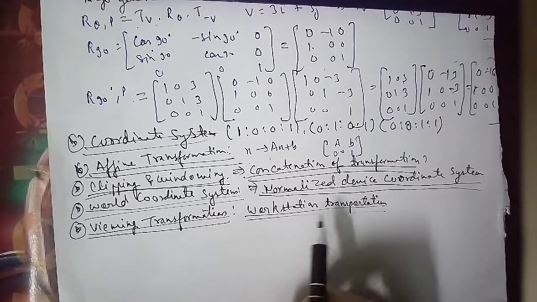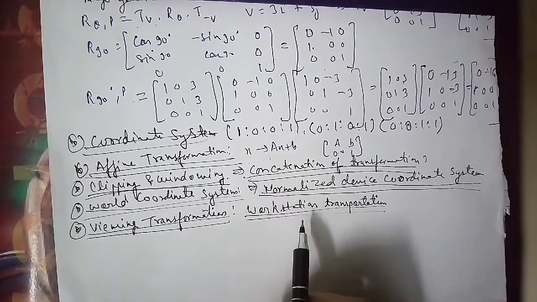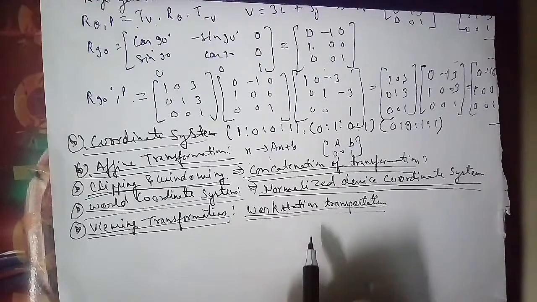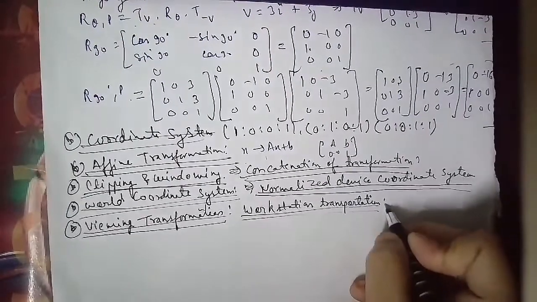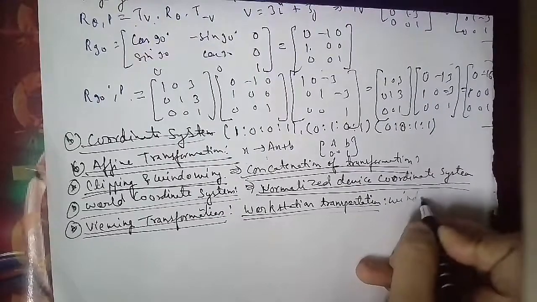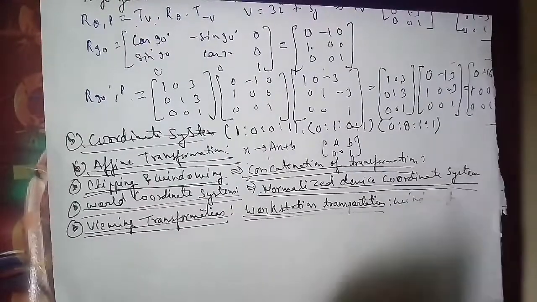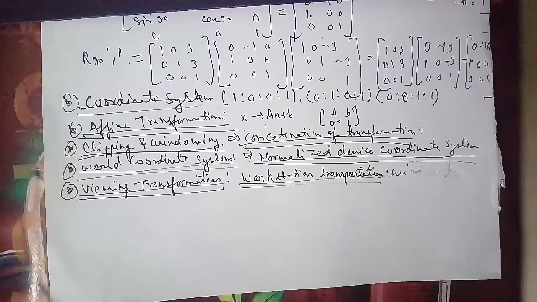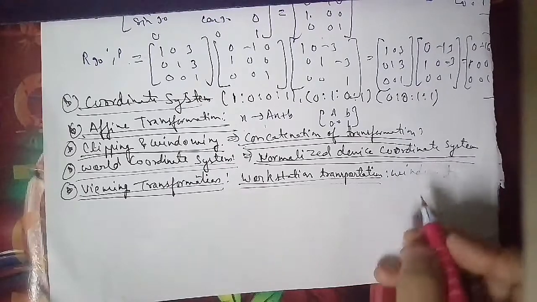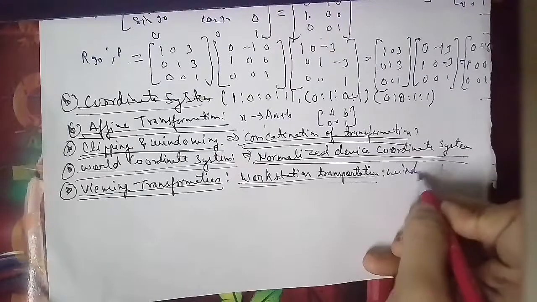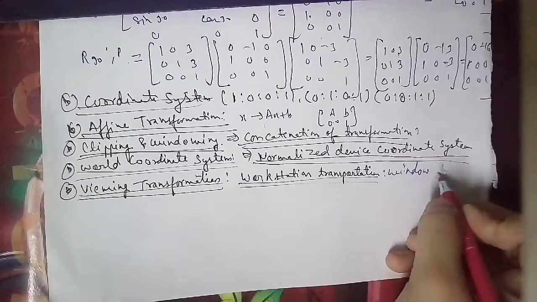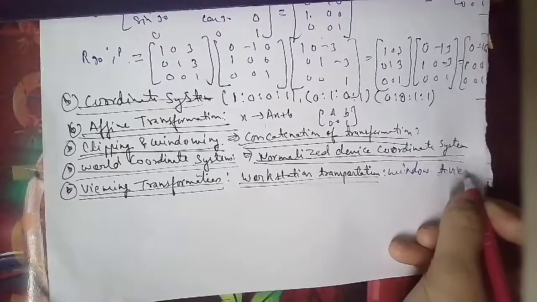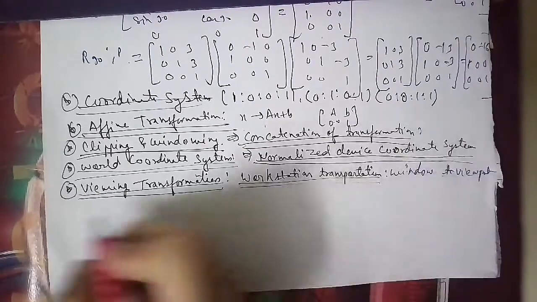A window is specified by four world coordinates, Wx min, Wx max, and similarly Wy min and Wy max, and a viewport is specified by four normalized device coordinates. The objective of window to viewport mapping is to convert the world coordinates of an arbitrary point to its corresponding normalized device coordinates, in order to maintain the same relative placement of the point in the viewport as in the window.